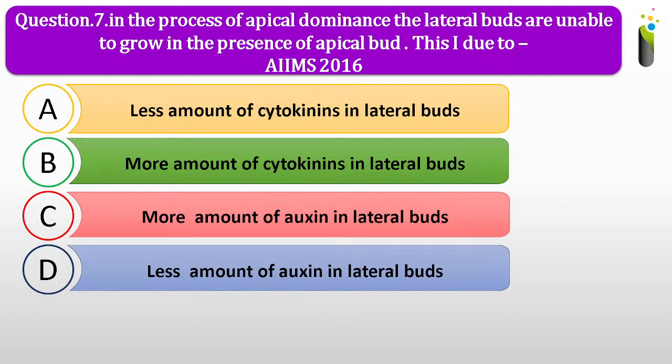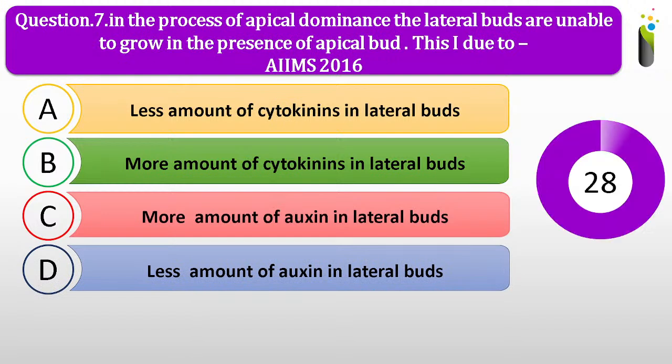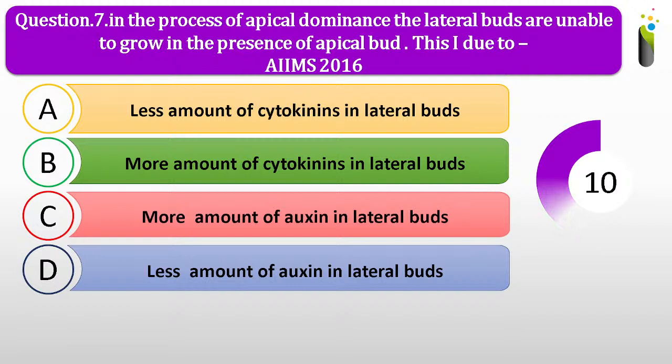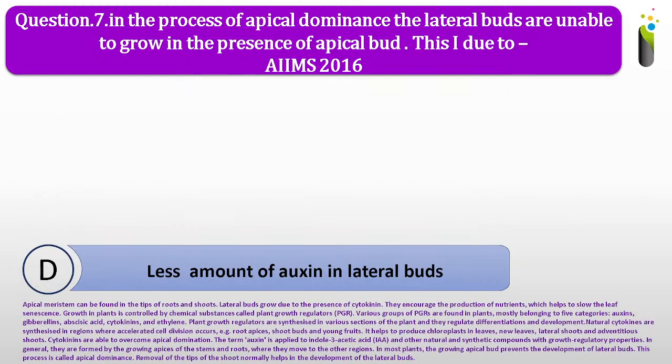D. Less amount of auxins in the lateral buds. So the answer, come on, answer me for question number 7. The correct answer is less amount of auxin in the lateral buds.